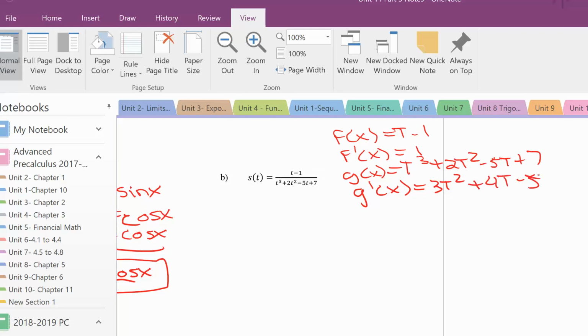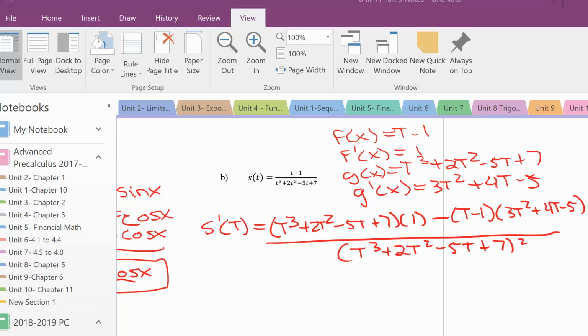And so remember, if you put it in the quotient rule, it's g f prime minus f g prime all over g squared.